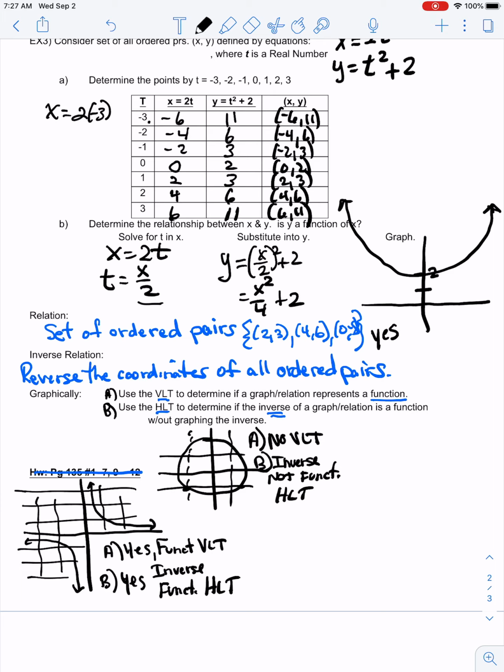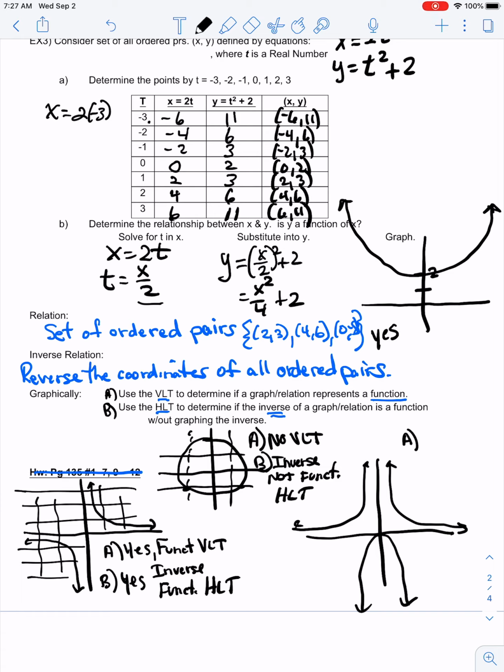Okay, maybe one more. I've got room here for one more picture. Let's do something a little different here. How about one this way, put a curve this way, and a curve this way. All right, so question is, A, is the original picture a function? And my intent was to say yes, it's a function by VLT.